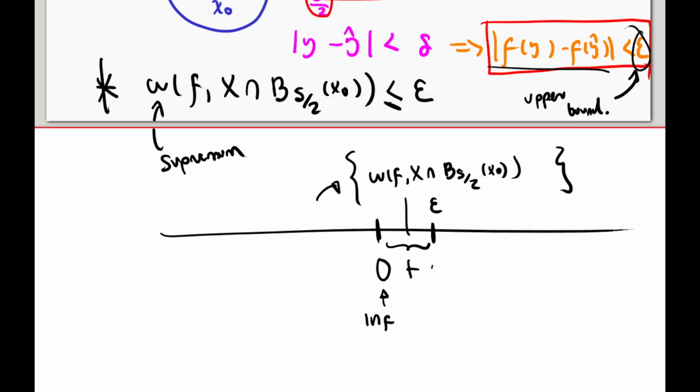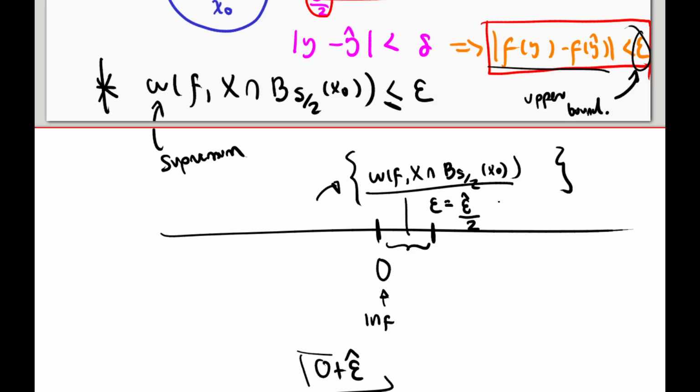So if we add some value to 0, then this new number will no longer be a lower bound of this set. For any value, let's say epsilon hat, we can find a value of epsilon equal to epsilon hat divided by 2.